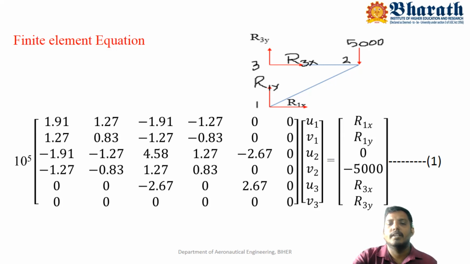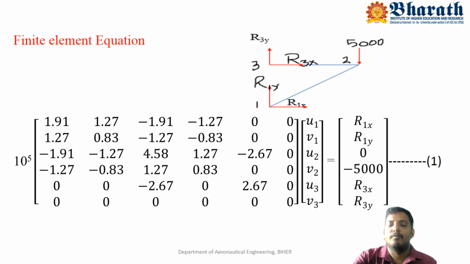Nodes 1 and 3 have hinged supports, so they offer reactive forces in the horizontal and vertical directions. R1x, R1y are the reactive forces from the hinged support at 1, and R3x, R3y are the reactive forces from the hinged support at nodal location 3. At node 2, there is an external load acting vertically downward, that means F2y is minus 5000 Newton. Then we substitute and get equation number 1, the global finite element equation.